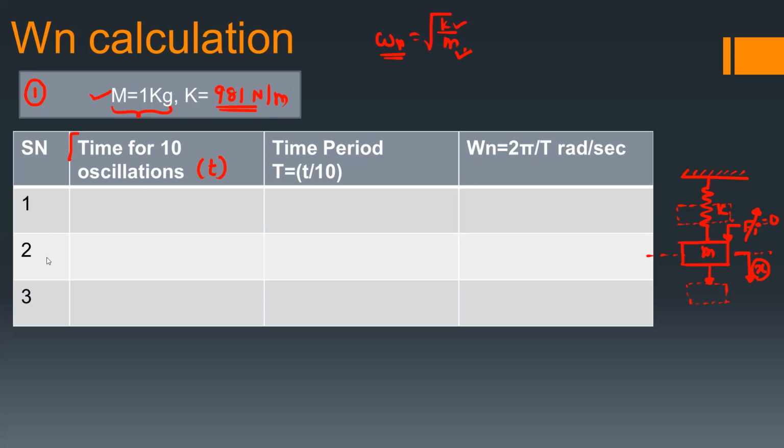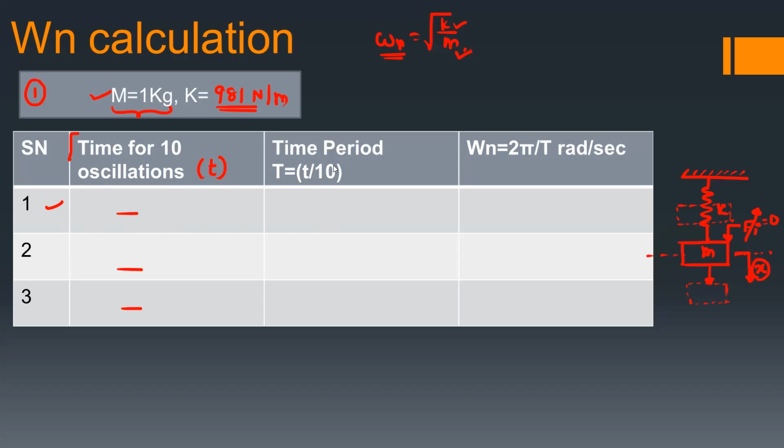We will repeat this experiment so that we can find the exact value of time and minimize the measurement error. First, oscillate the system and find the time for 10 oscillations. Repeat the same experiment and find the time again.